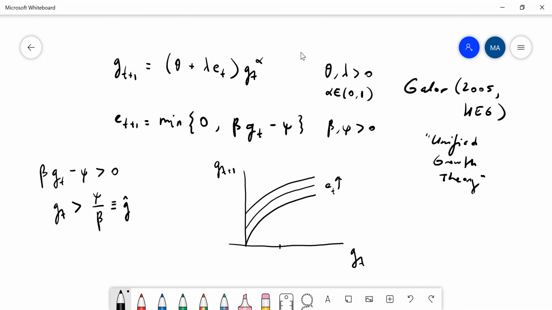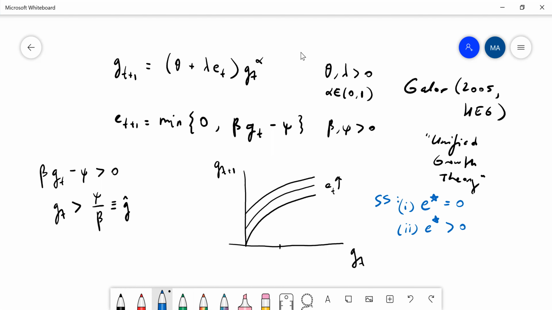And one thing we ask, of course, is where are the steady states? So is there a steady state? If you look at this carefully, we will have two steady states. One steady state will have zero education, and the other will have positive education. All right. So now we can find these.